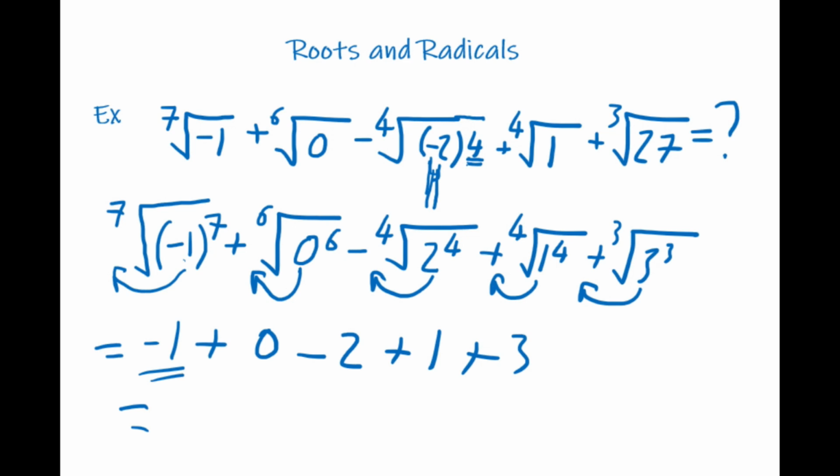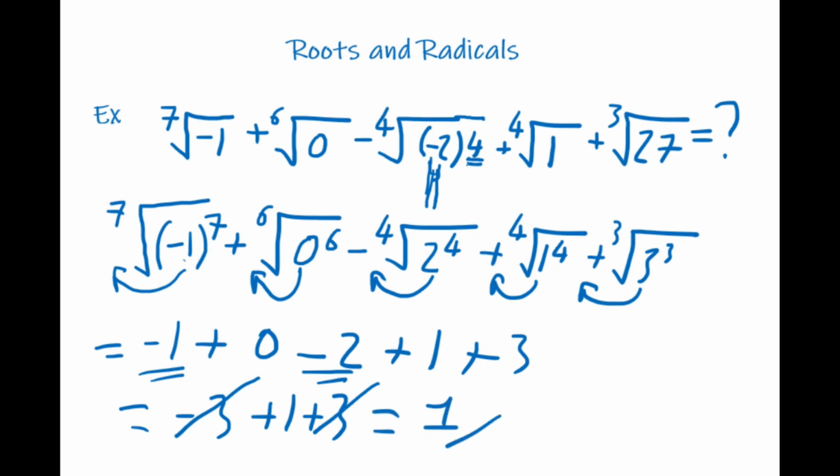So -1 plus -2 is going to be -3 plus 1 plus 3. That -3 cancels this +3, and the leftover is 1. So that is the result.